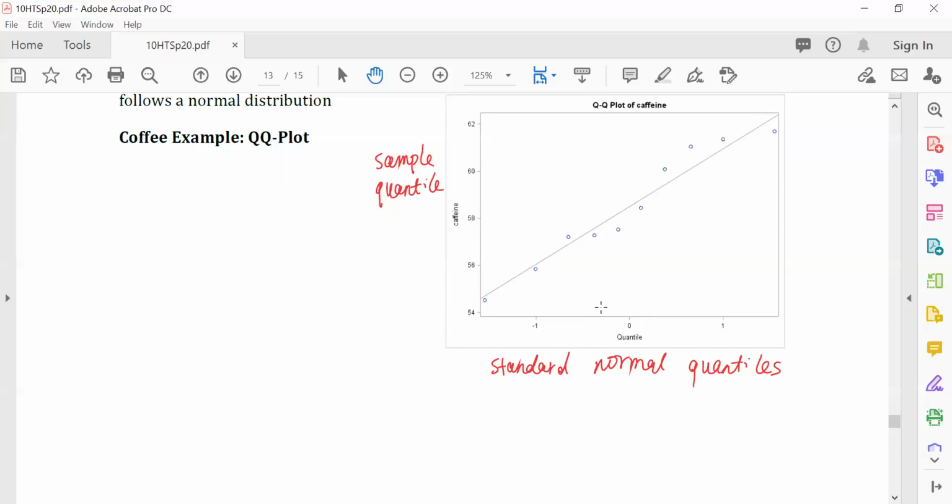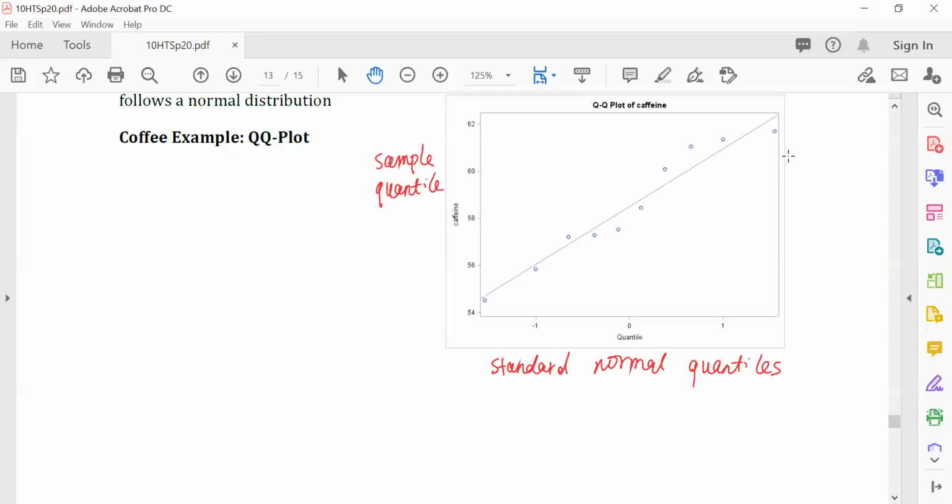On the other hand, if the sample does not follow the normal distribution, then the sample quantiles will differ a lot from the standard normal quantiles, and you wouldn't see a straight line in your QQ plot.